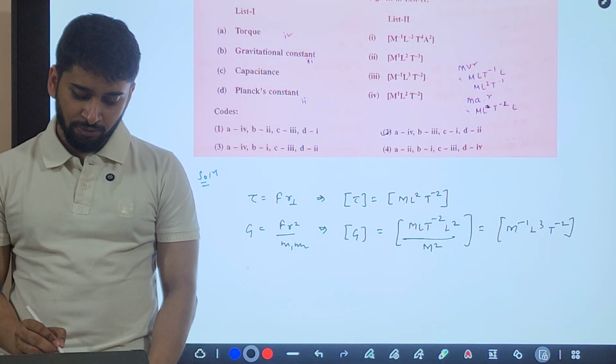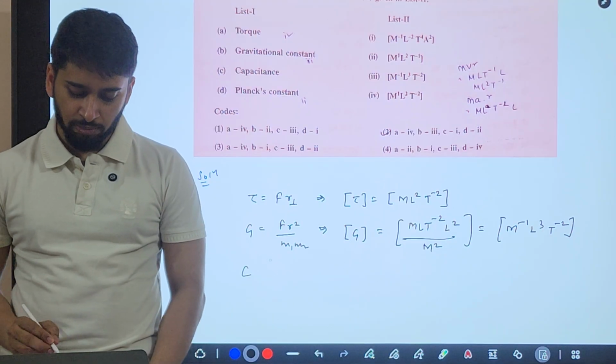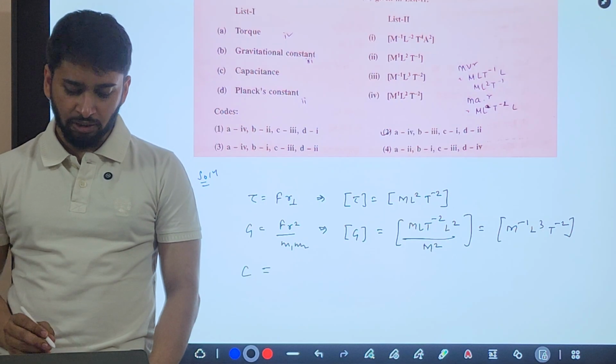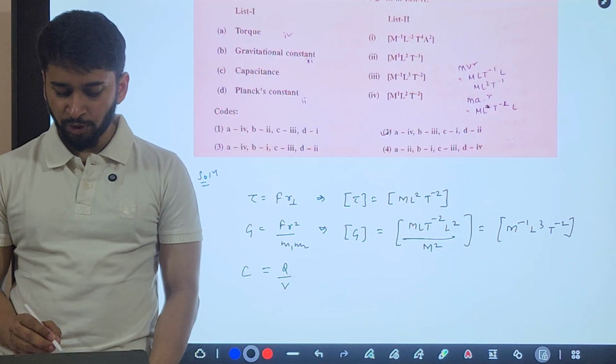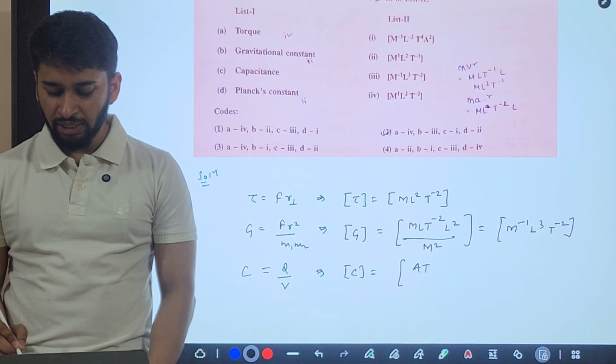Fine. Next we have capacitance. Q is equal to CV, so C becomes Q by V, charge stored per unit potential difference. So the dimension for capacitance: charge will be A into T, current into time.